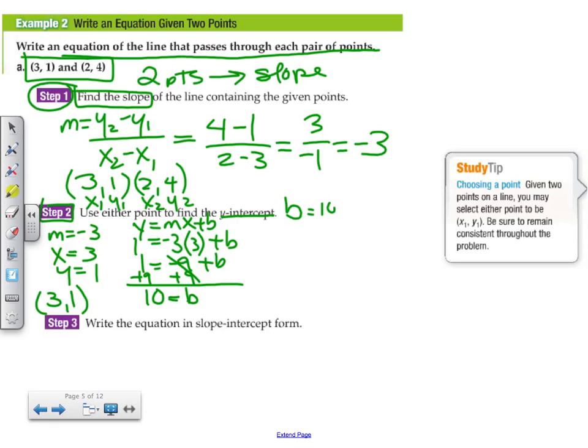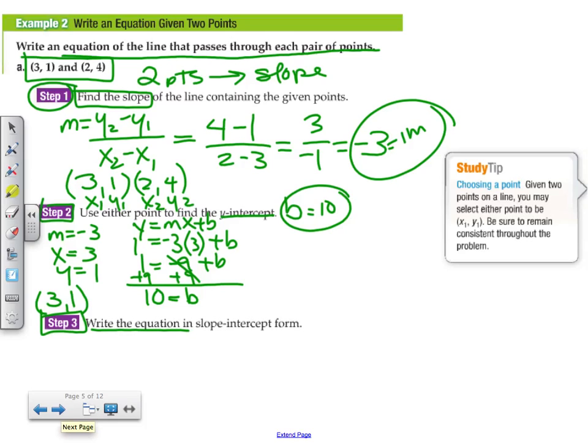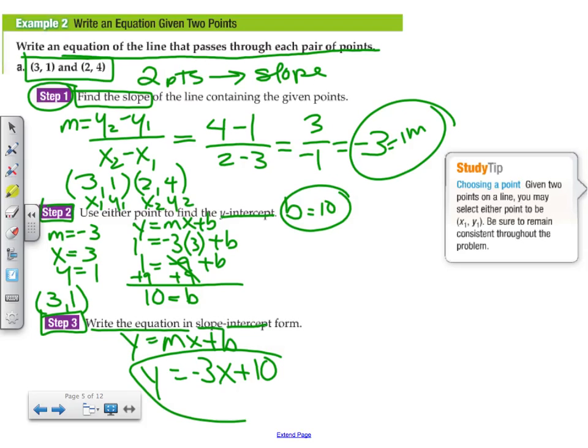Okay, good. Our slope is -3. Now we can write an equation in slope-intercept form because we have both the slope and the intercept. y equals mx plus b, so y equals -3 times x plus 10. There's our answer.